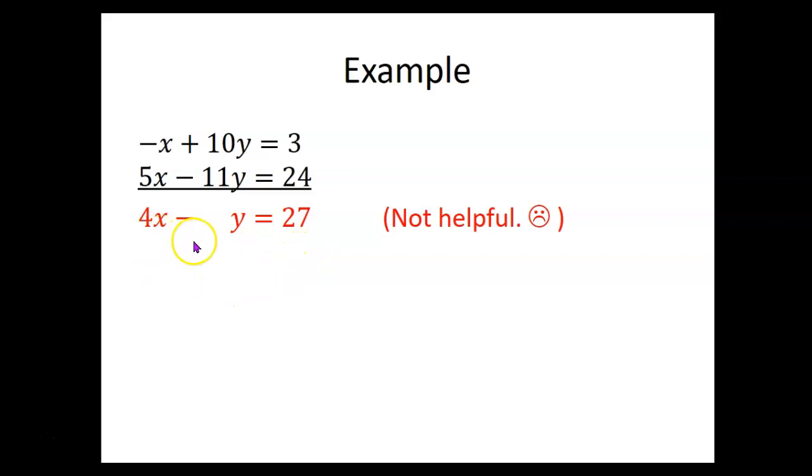And so we get an equation that still has both x and y in it. We already had equations that had both x and y. Getting another one doesn't really get us any closer to figuring out what either x or y by itself has to be. And the problem was that this time, unlike the last time, the coefficients on the y's were not opposites of one another.